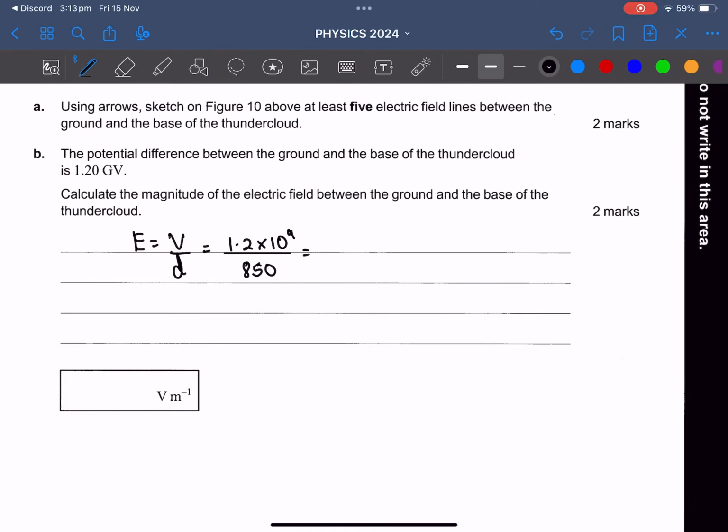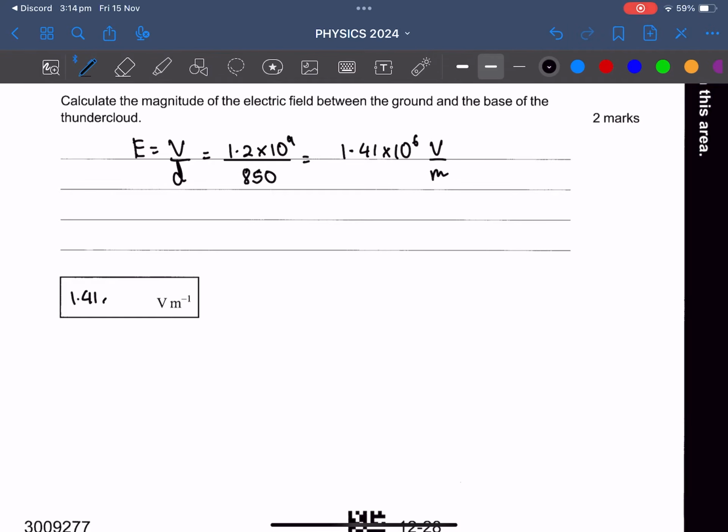So 1.2 times 10 to the 9 divided by 850. I get 1.41 times 10 to the 6 V per m. So 1.41 times 10 to the 6 should be the answer.